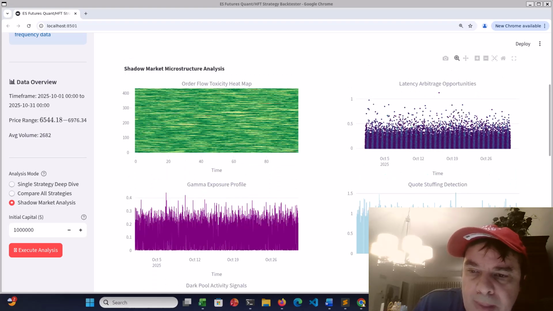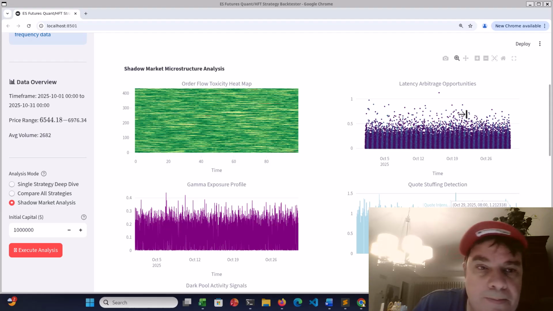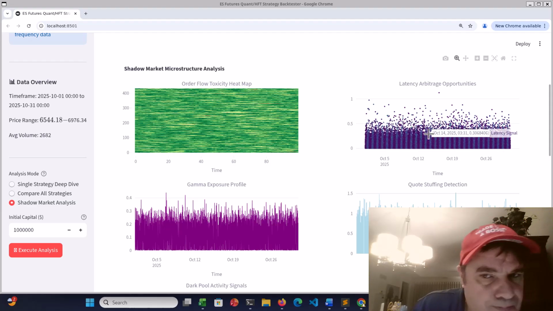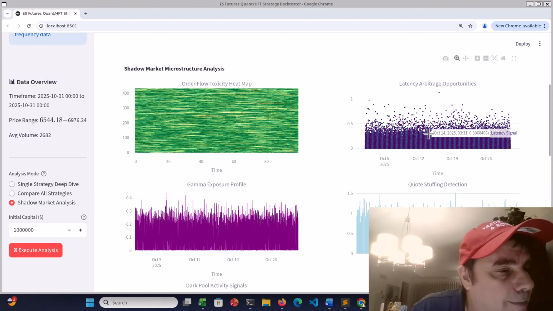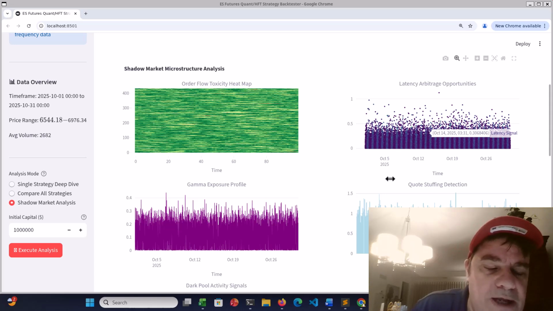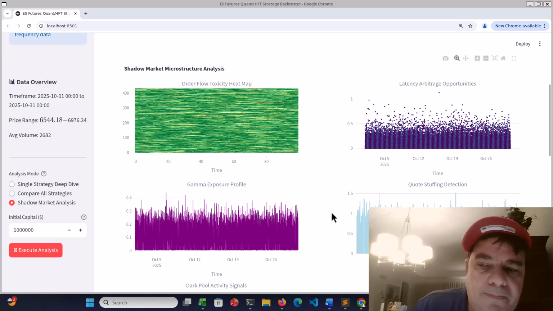Here we have quote stuffing detection. Okay. We have latency arbitrage opportunities. Now, I don't know what time frame this would be, but I could probably feed it 5 megs worth of data on minute data and let it run. I might do that as a separate video, which again would be real world data.